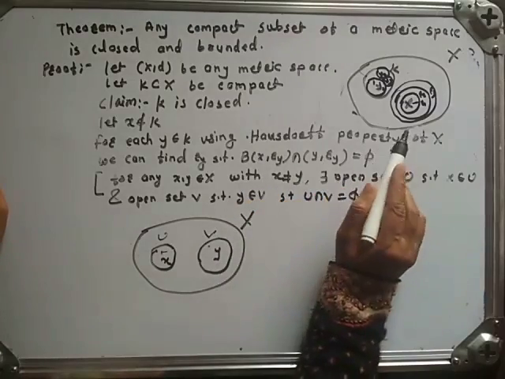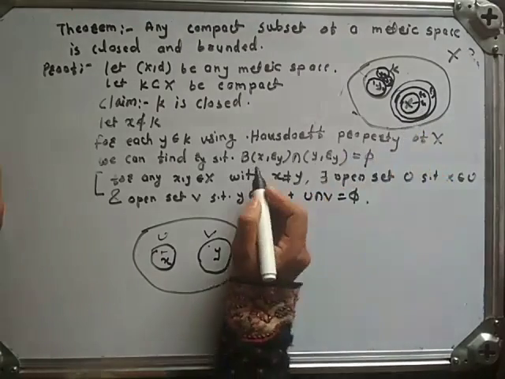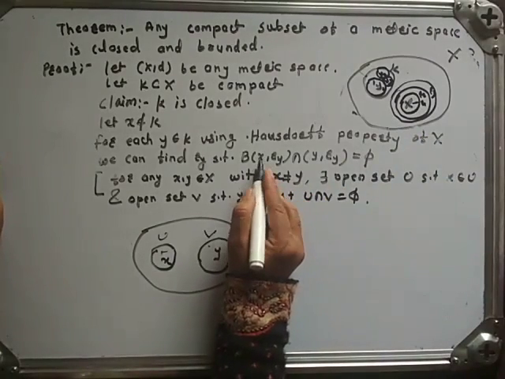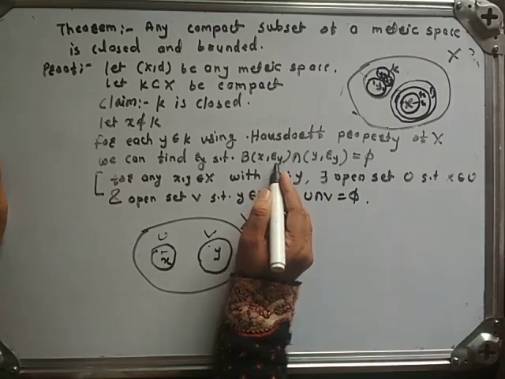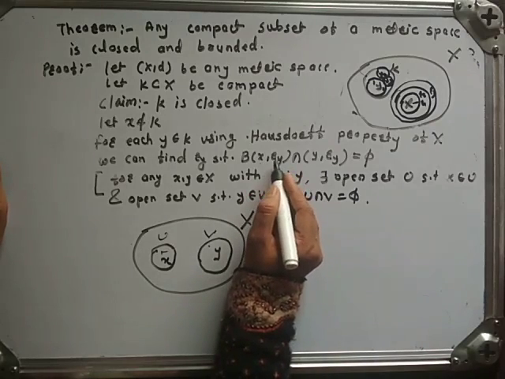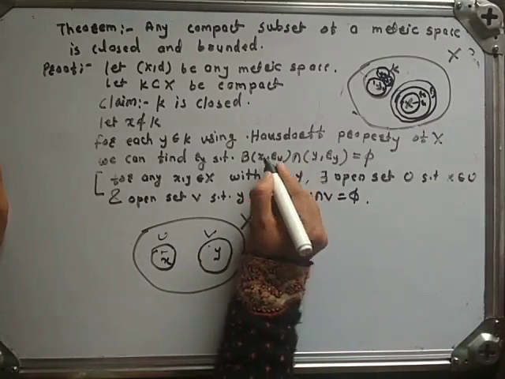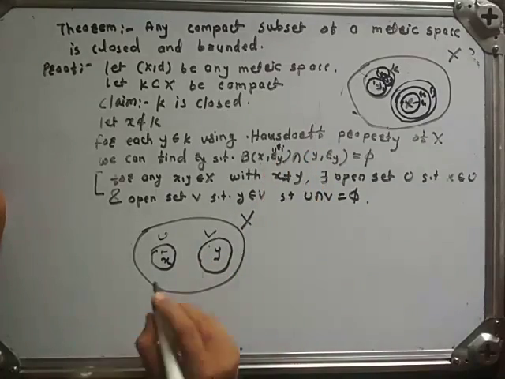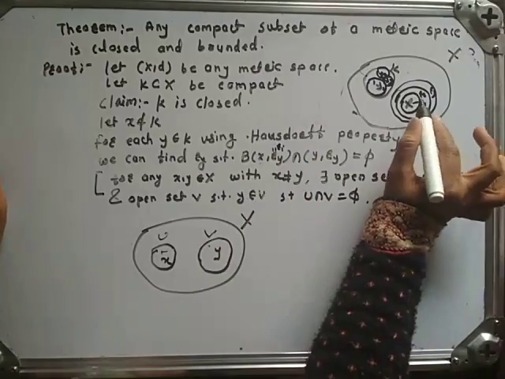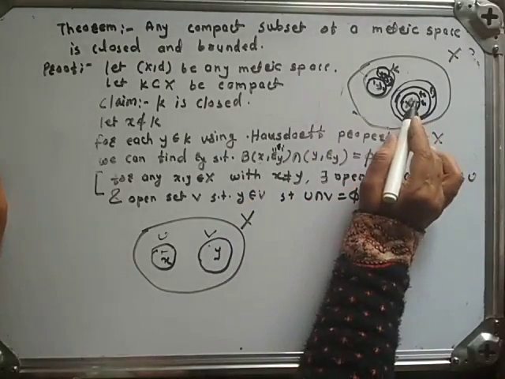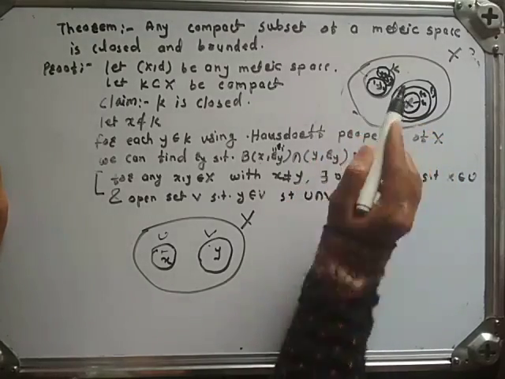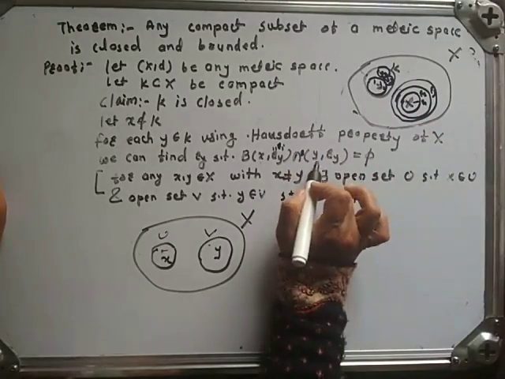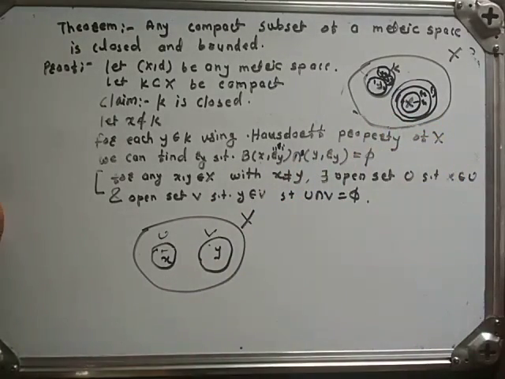Obviously, see here students, B of x comma Ry means nothing but the open sphere centered at x with radius Ry, or R1, sorry, Ry. You can say that Ri. So, see here students, B of x comma Ri intersection B of y comma Ry is equal to empty set.